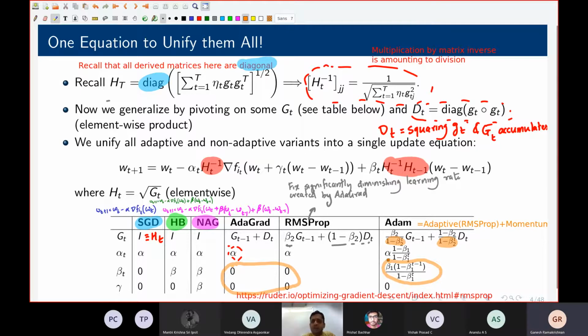So the question being asked is, is it by design that Adam is meant to resemble RMS prop? Yes, it is. The only difference is that because you're also adding momentum, this has got to do more with initial iterations.